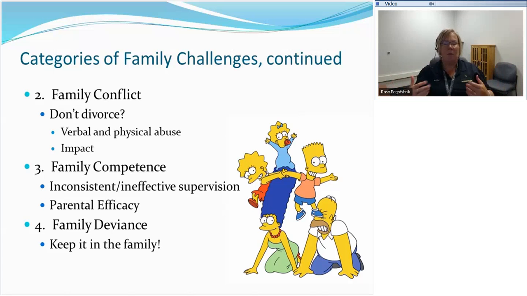Ultimately, the parent's ability to parent and how good they are has a definite influence on future delinquency. Two of the primary things we look at here are inconsistent or ineffective supervision. Kids need to be monitored, consistently as well as effectively.